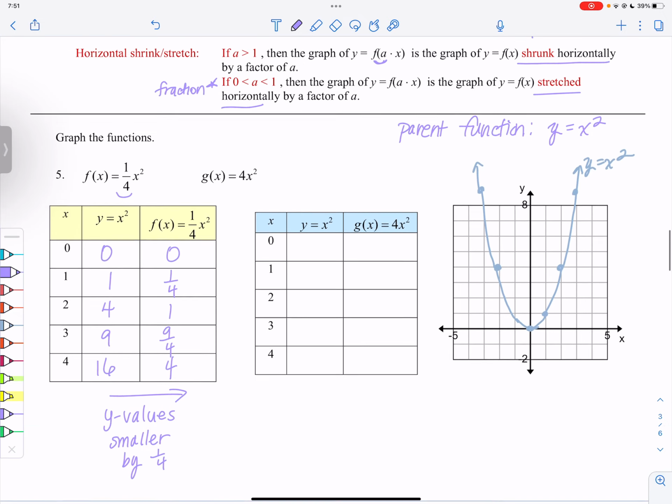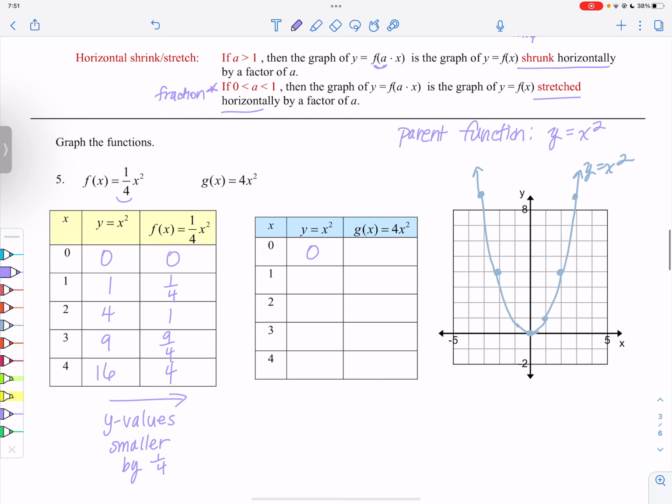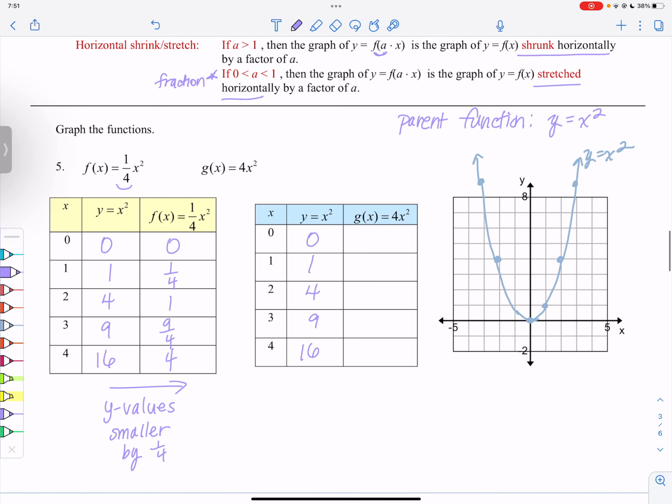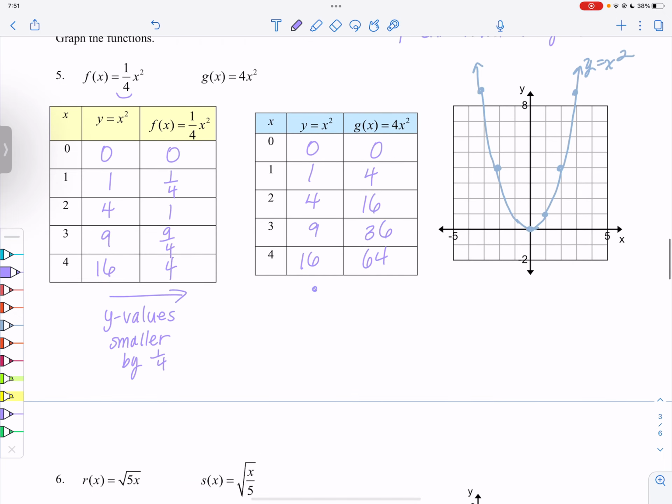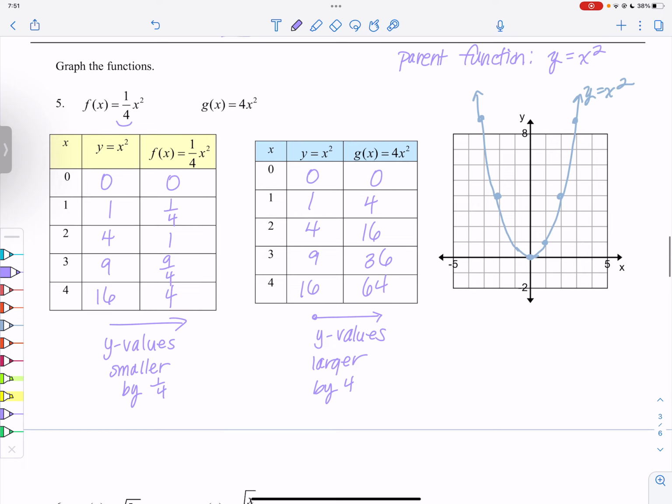Okay, now what happens, let's go ahead and fill these values in for our parent function. And now we're going to take those y values and we are going to multiply them by 4. So you can see that the y values from here to here stretch by a factor of 4.